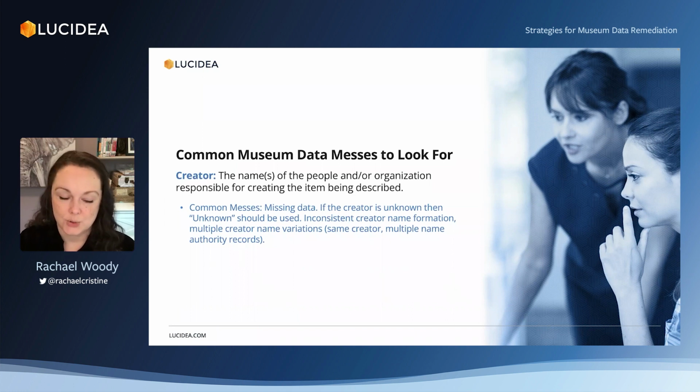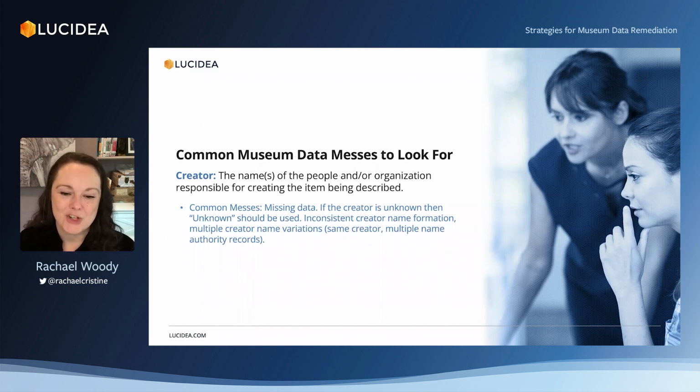So common messes we see in this particular field is missing data. And so use that "unknown" if it is unknown to you. And then the next mess that we typically see is if there is a creator entered, it can sometimes be entered in multiple different ways, therefore creating, for one person, for example, the spelling or the presentation of their full name could vary several different times.